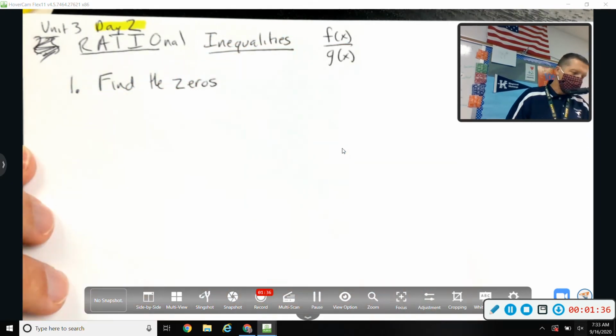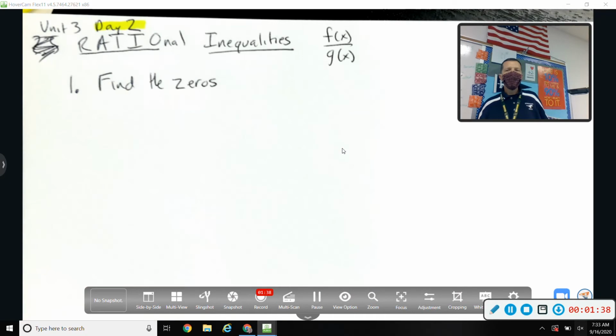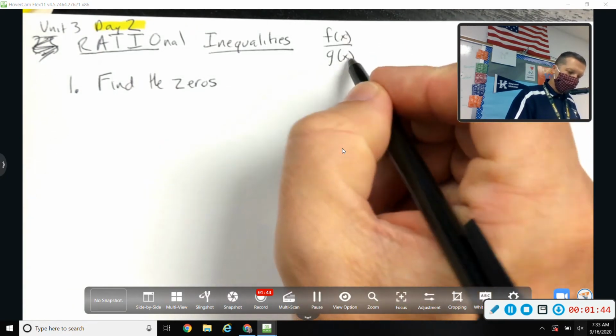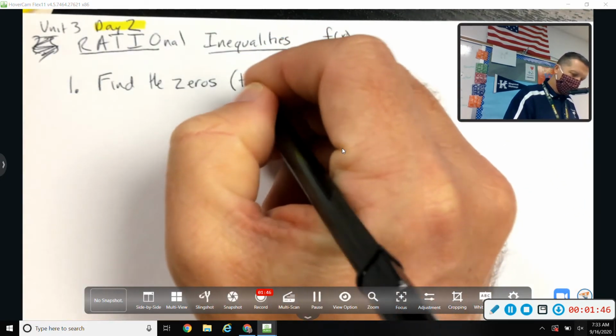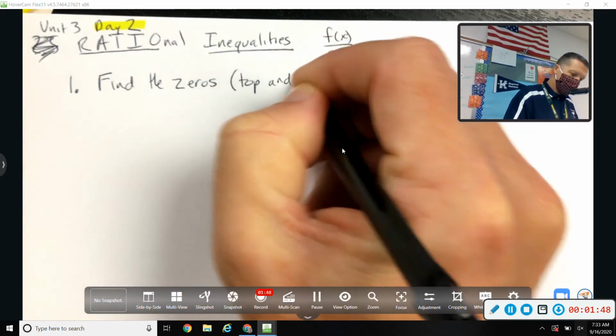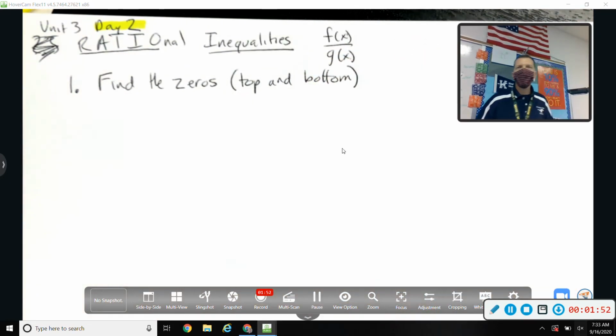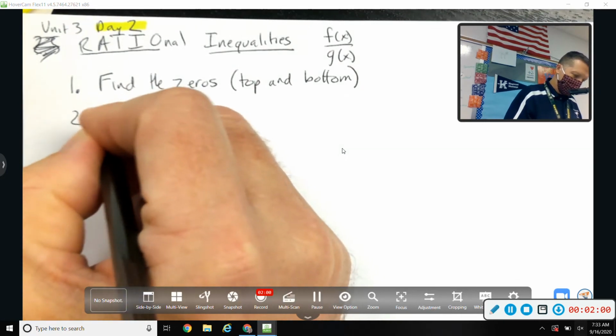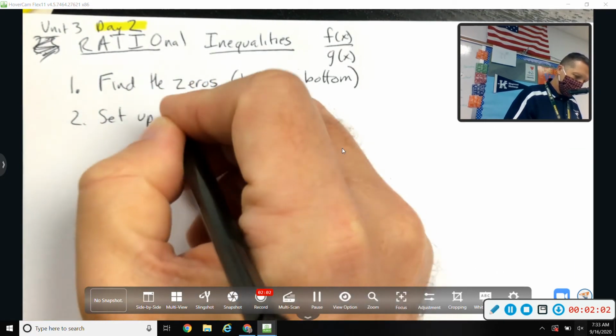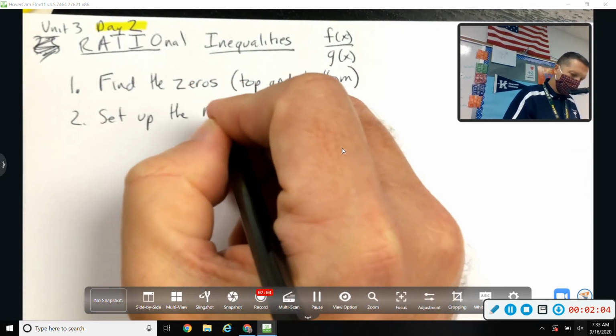Find the zeros. What's a little bit different than previous inequalities is that we have a top function and a bottom function. So we'll just have to find the zeros of both. Once you do that, the rest of the process is the same for inequalities. Set up the number line.